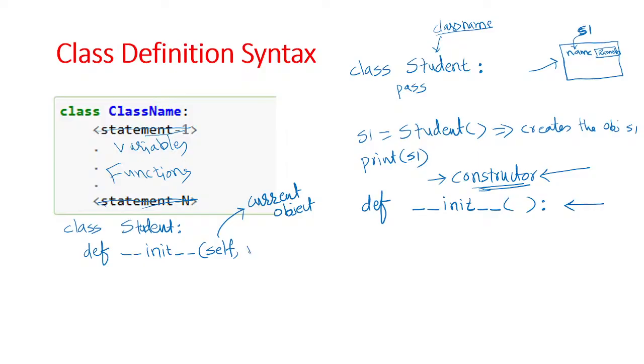Say for example, I want a student name, a student age, and an id. These three values are the parameters I am getting when the object is created, so name, age and id now become the parameters for this init method.